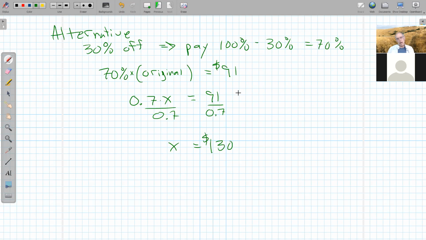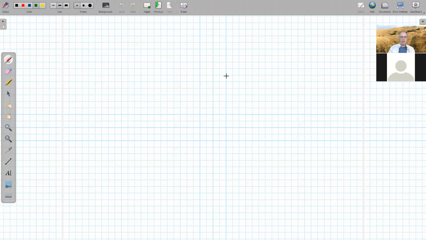And so I just want to come back to the picture, because this isn't always obvious to people. But the picture is nice because it helps us visualize what 30% off means. So I just want to redraw that picture again. 10, 20, 30, 40, 50, 60, 70, 80, 90, almost long enough, 100.